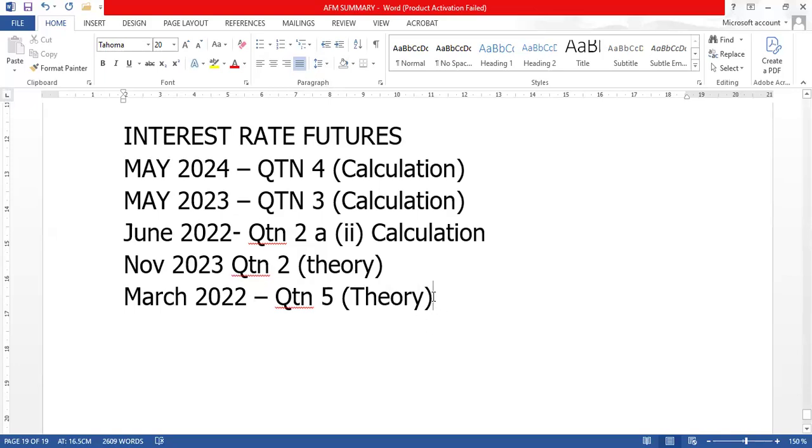That was theory about interest rate futures, options, and other theory things. So at least you see that this area is a bit common. It doesn't mean that they don't ask other areas, but we need to master this.